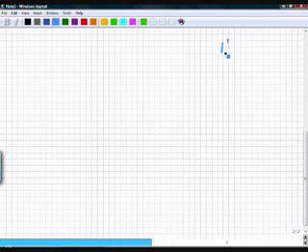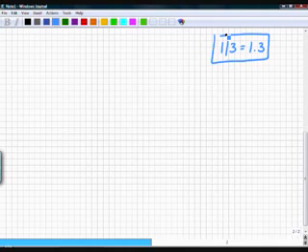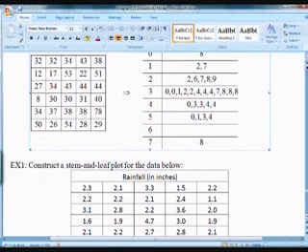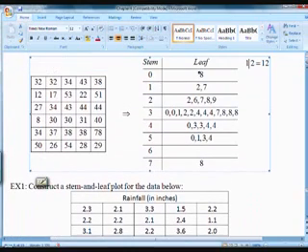On this one, I'm just making up those numbers for a key: 1 | 3 is going to mean 1.3. So put that up somewhere so people know, when they see your stem and leaf plot, that a 1 on this side and a 3 on this side means 1.3.